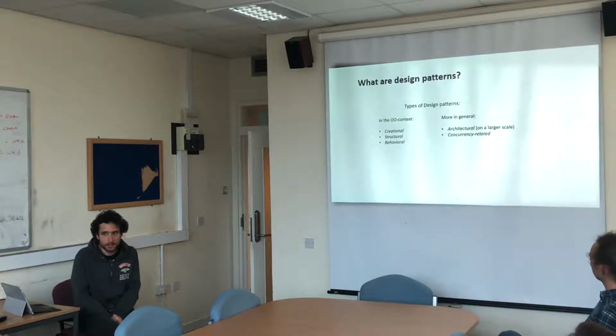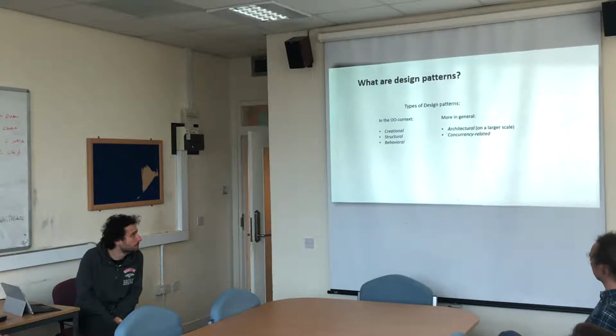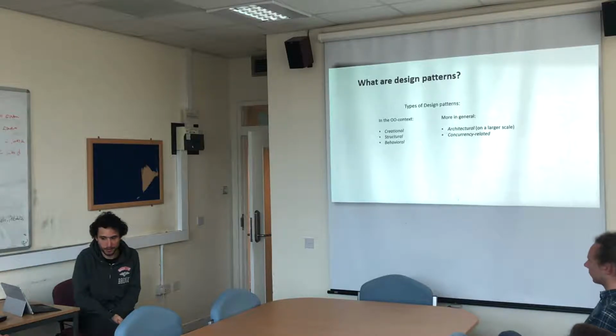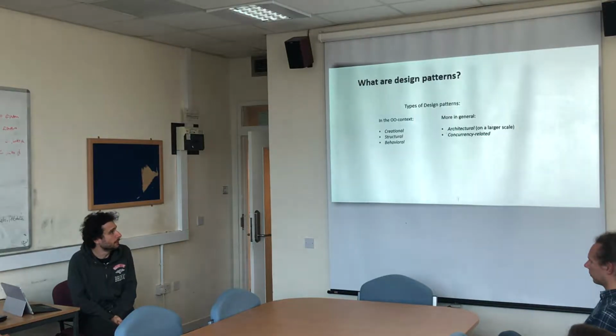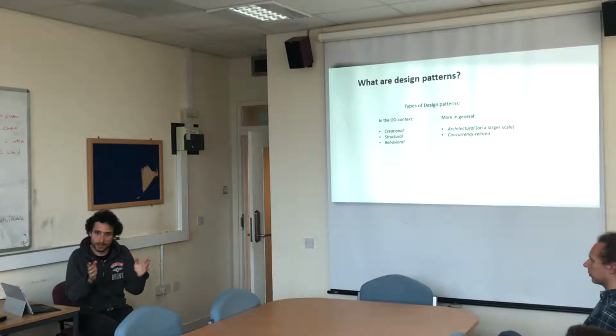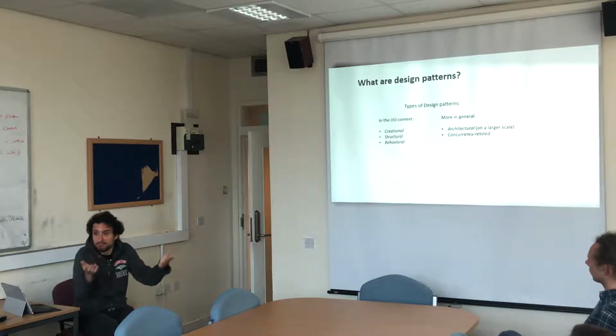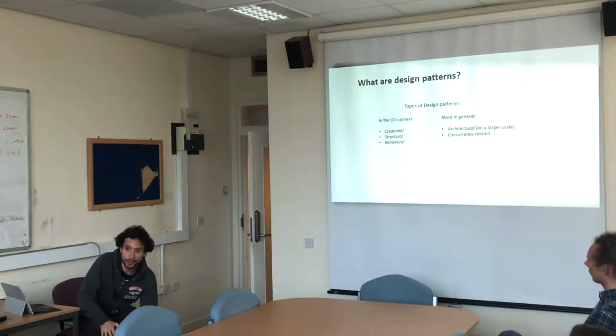Okay, so there are different types of design patterns. In the context of object-oriented programming, the book I'm going to use mostly in this talk describes three types: creational, structural, and behavioral. More in general, there are many variants of the idea.